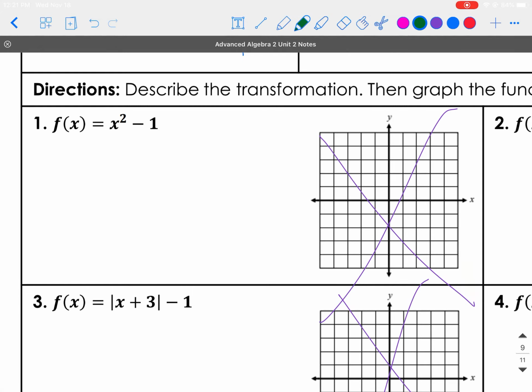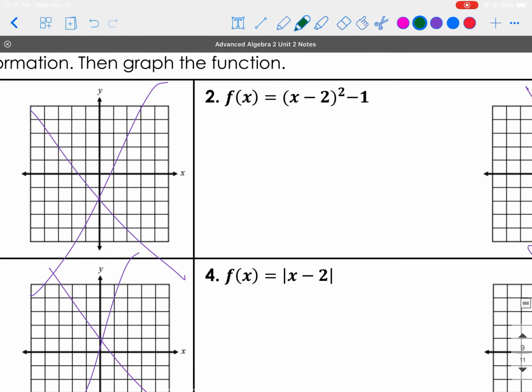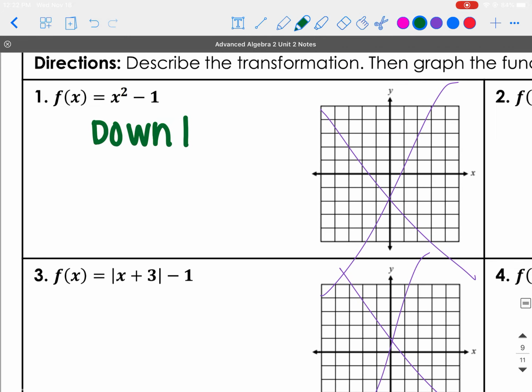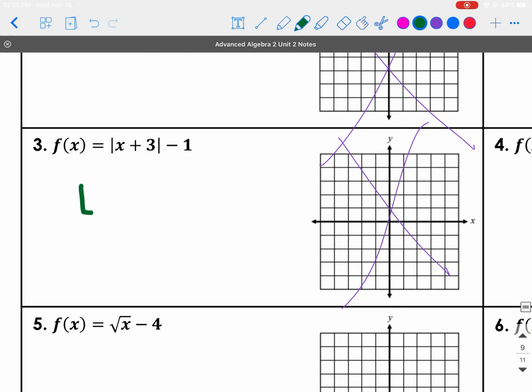All right, number 1, that one moves down 1. Number 2, right 2, down 1. Number 3, left 3, down 1.